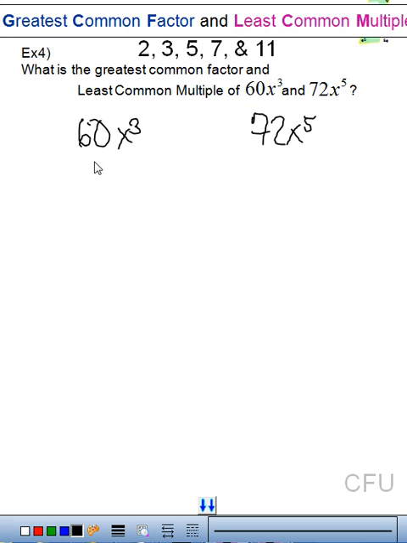So, factor tree. My first prime, let's see, which number divides in here? Does it divide by 2? 3? How about 5? Yes, I'm going to start with 5. So 5, and this is 12. I circle the 5. The 12, could it be divided by 2? By 3? Okay, I'm going to go with 3. So that is 4.